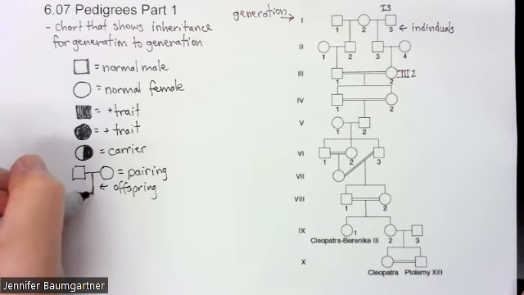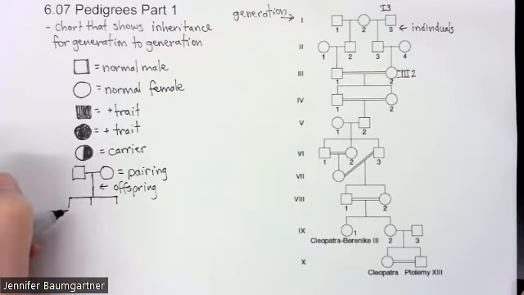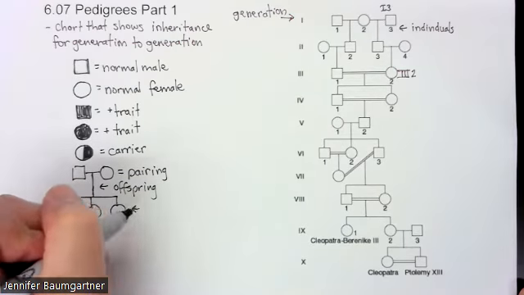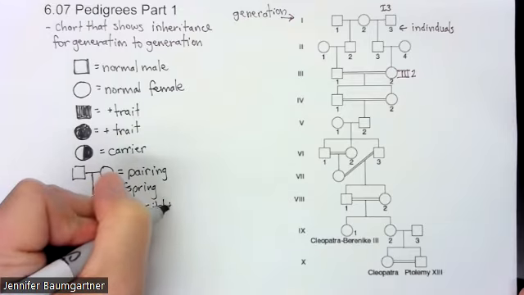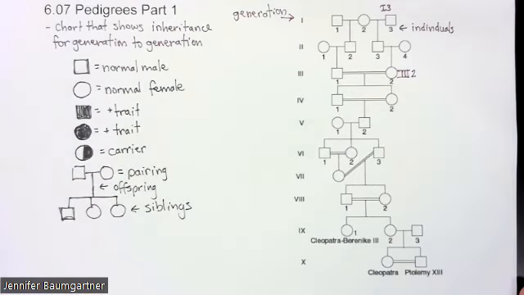And if the offspring, let's say we've got a square, a circle, and a circle, these would be siblings. So each of these shorthand notations means something. The sex is either male or female, the trait is either they're a carrier or not, and then this shows relationship.